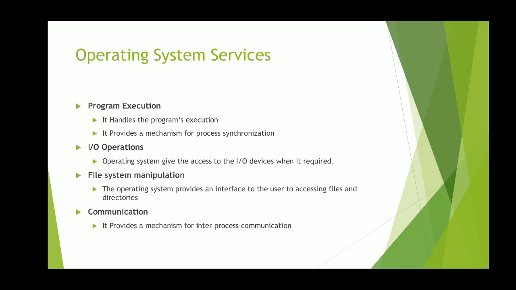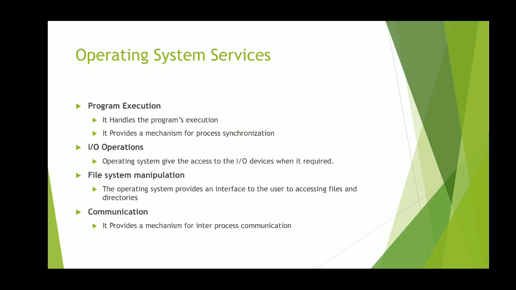This resource allocation and the execution of the program is handled by the program execution service of the operating system. It handles the program execution, and it also provides the mechanism for process synchronization. And this process synchronization is mainly dealing with the CPU scheduling.